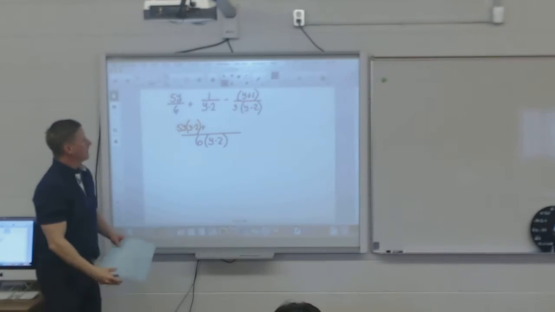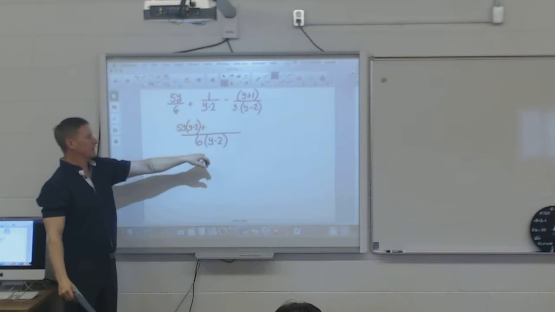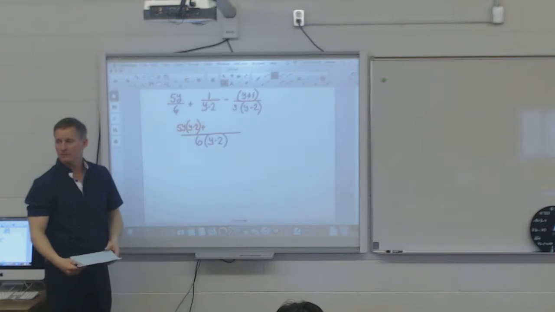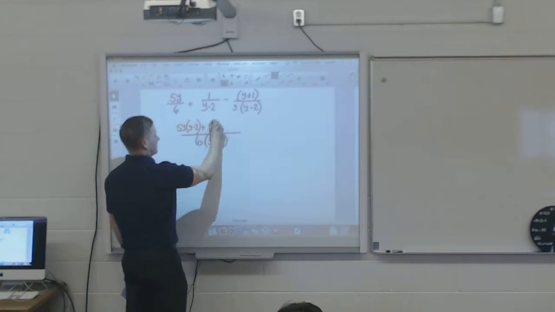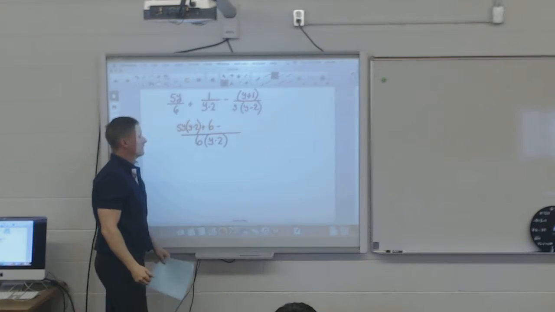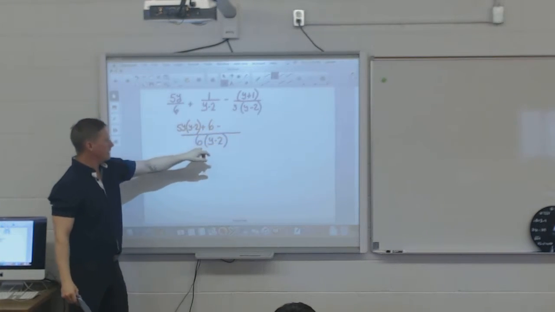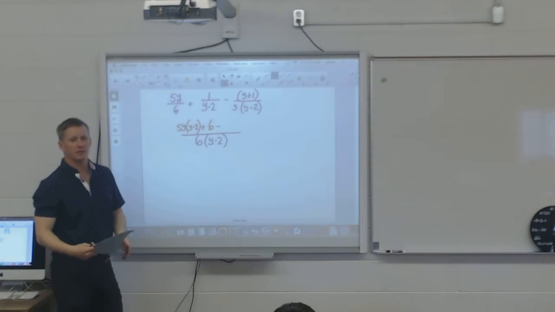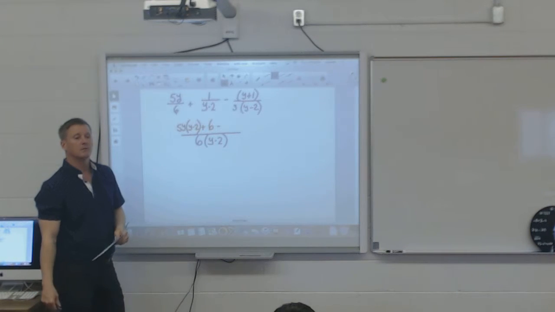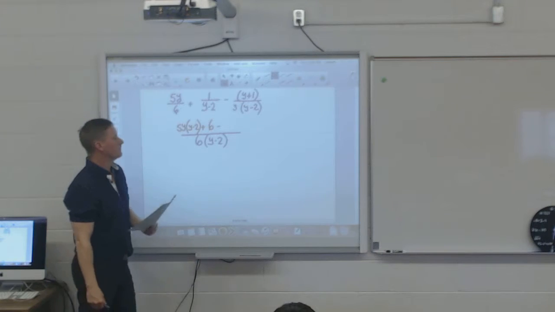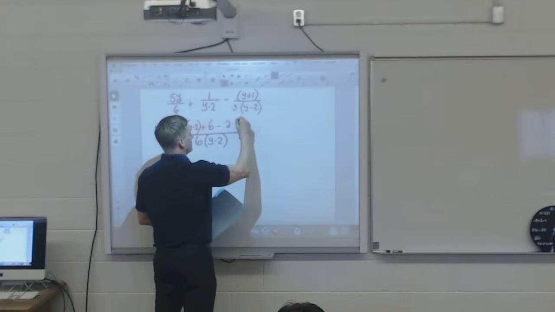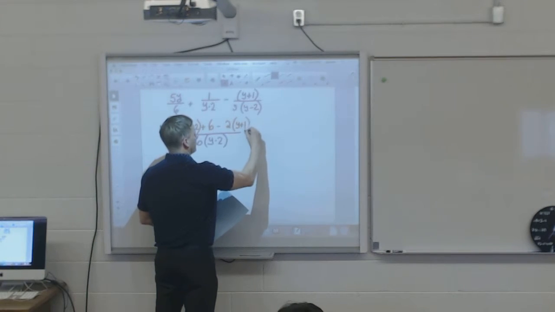Plus. What do I times y minus 2 by to get 6 times y minus 2? Plus 6. Subtract. What do I times 3 times y minus 2 by to get 6 y minus 2? 2. So I get 2 times y plus 1.